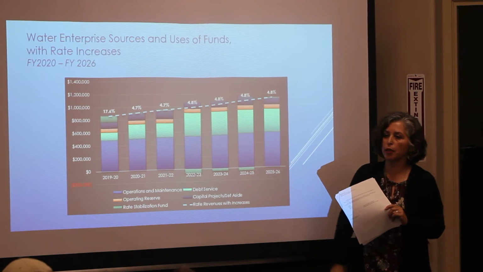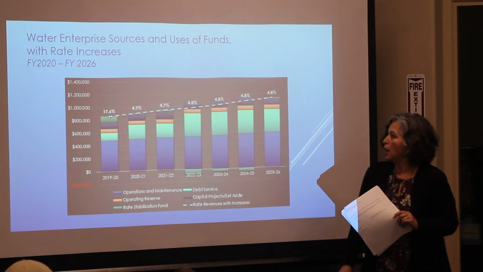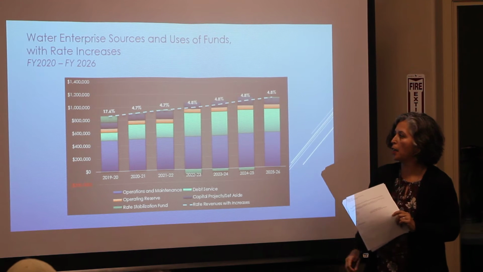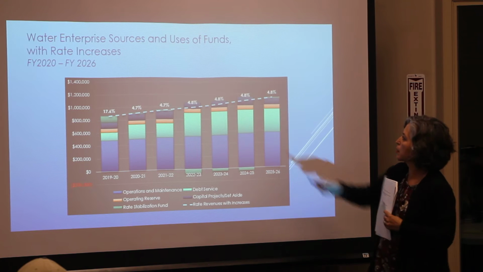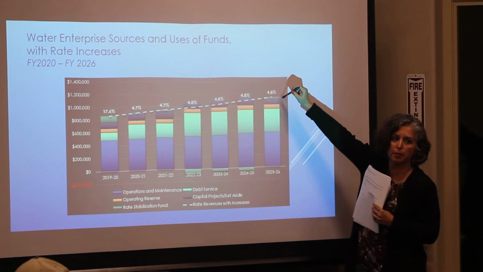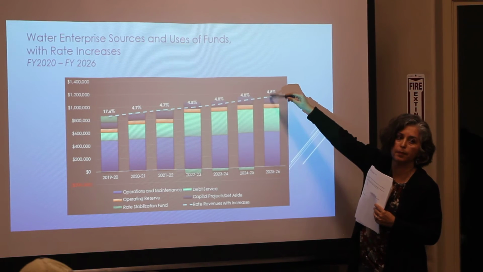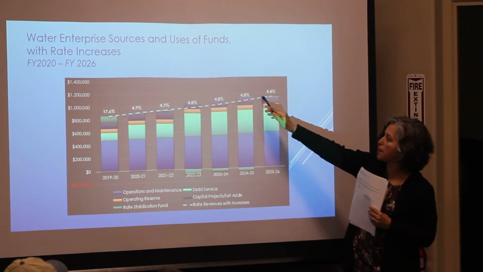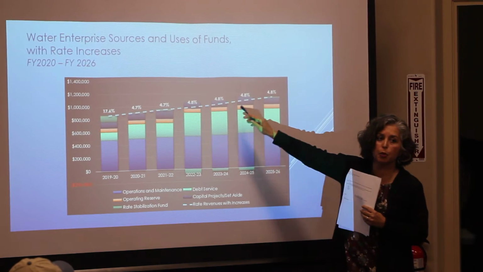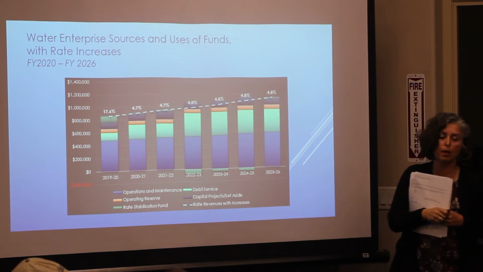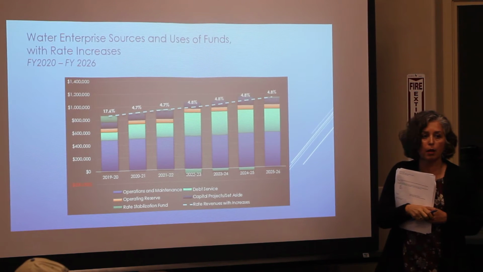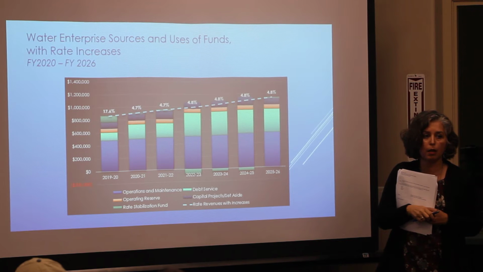This dashed blue line is the projection of the revenues. The 2019-20 was not adopted.